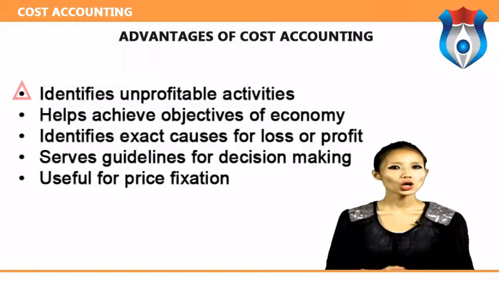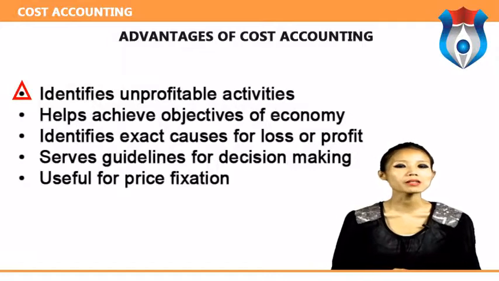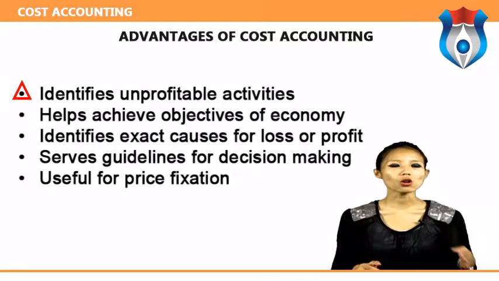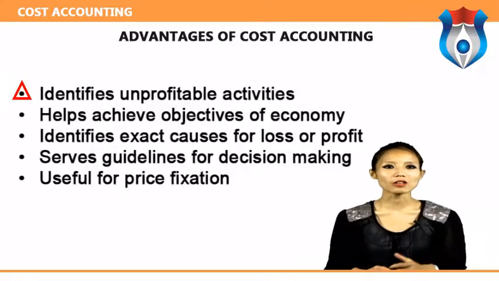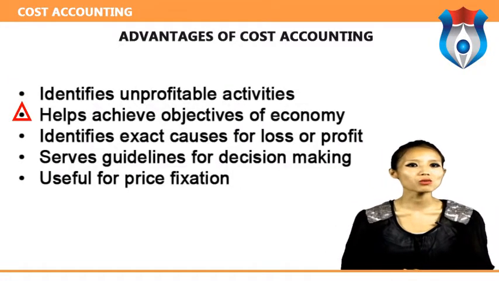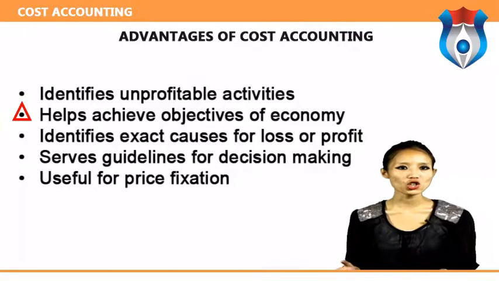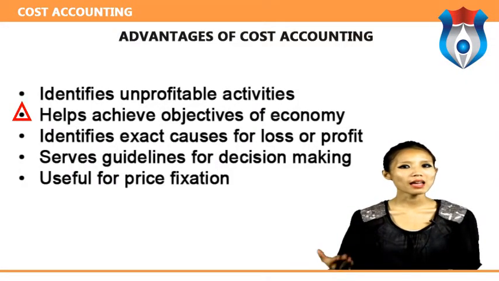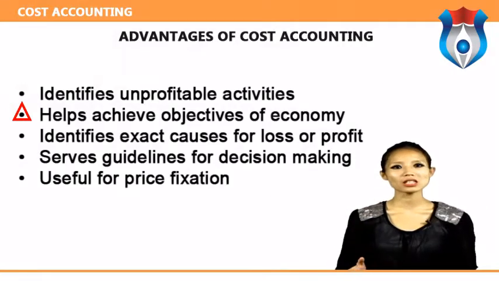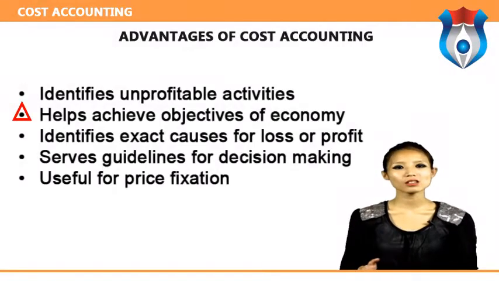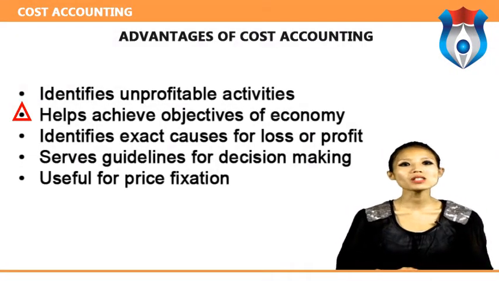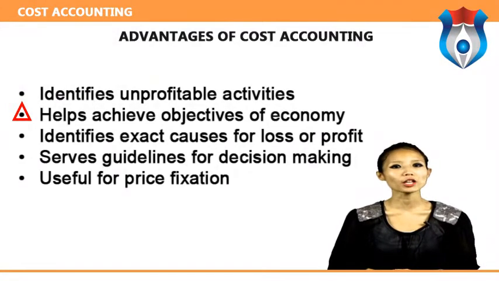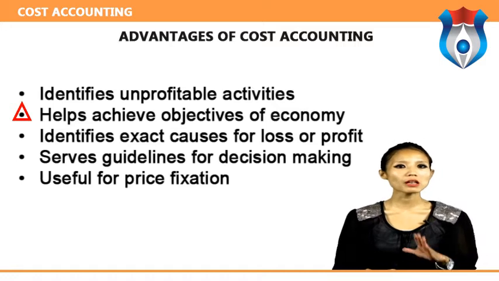These are: a good cost accounting system helps in identifying unprofitable activities, losses or inefficiencies in any form. The application of cost reduction techniques, operation research techniques and value analysis technique helps in achieving the objective of economy in concern's operation. Continuous efforts are being made by the business organization for finding new and improved methods for reducing cost.